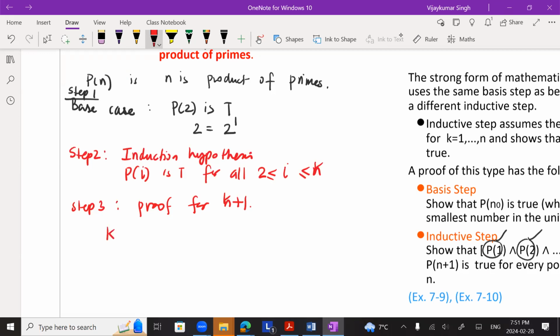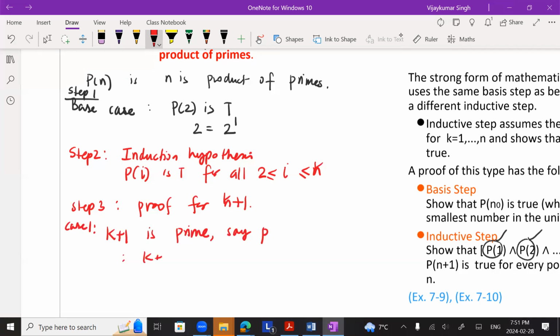Now for k plus 1, there are two cases. Case 1: k plus 1 is prime, say p.